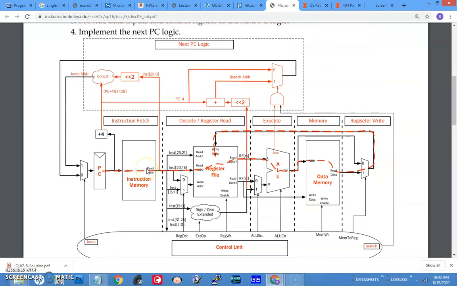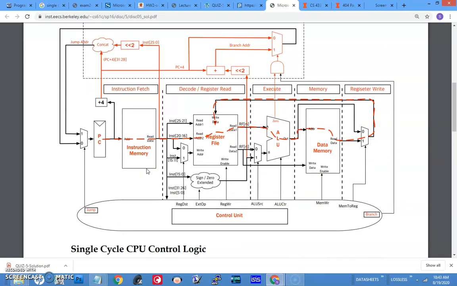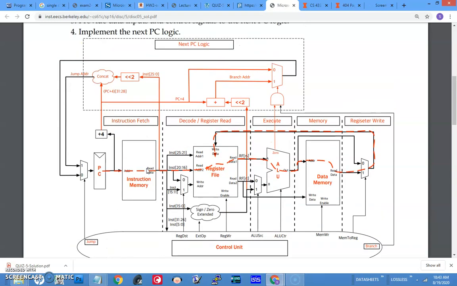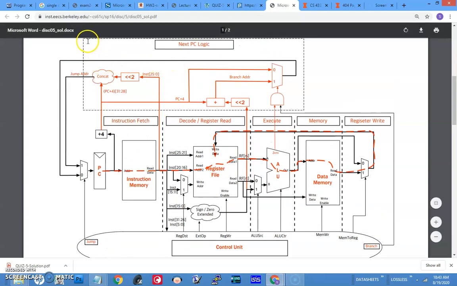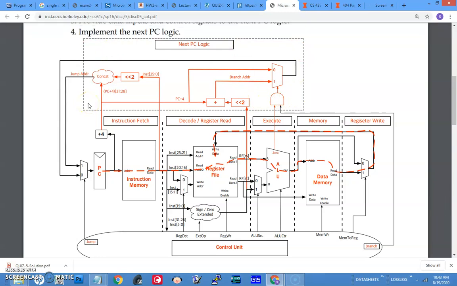So let us explain this from the figure. So if you look at the data path, now they have compartmentalized each of the stages. So this part of the data path is responsible for PC updation. So what are the PC updation conditions?